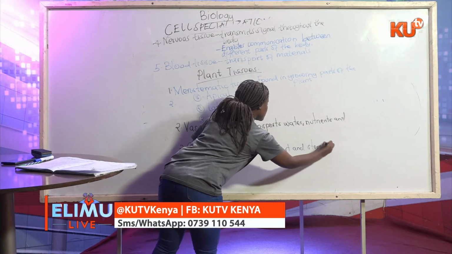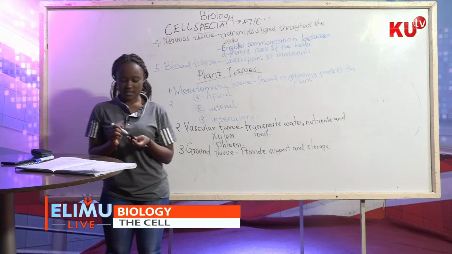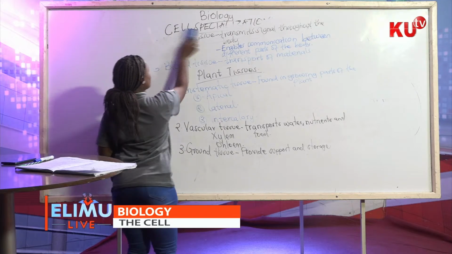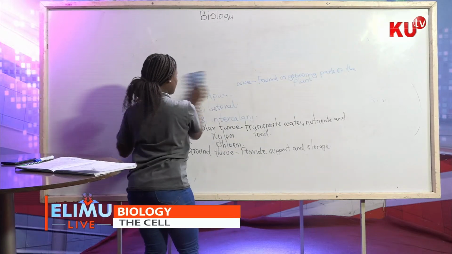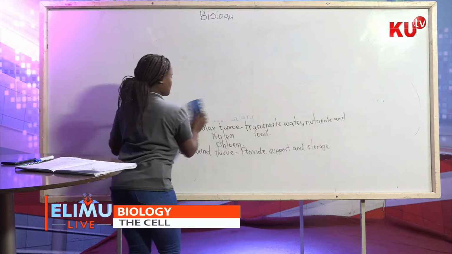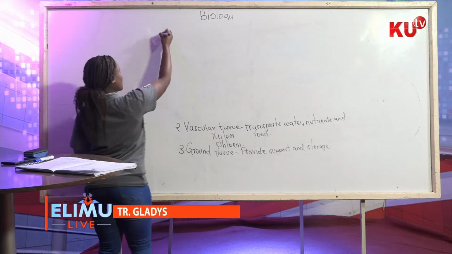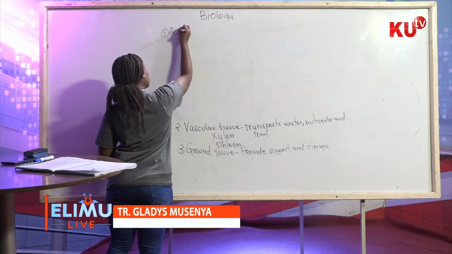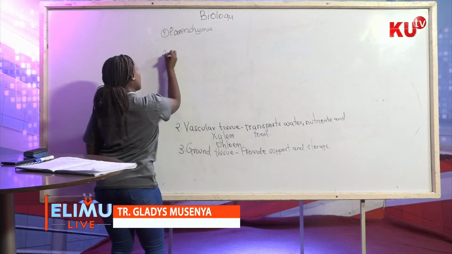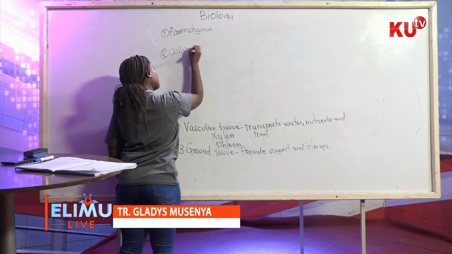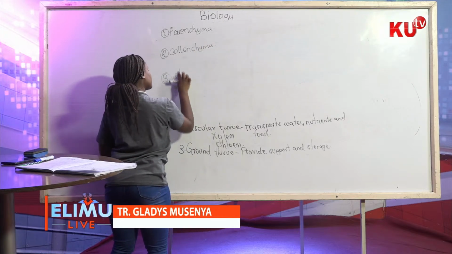Under the ground tissue, we have the following: number one, parenchyma, collenchyma, and then the sclerenchyma.